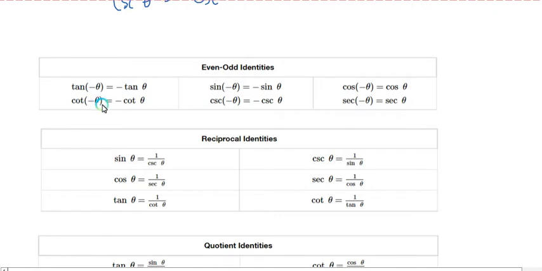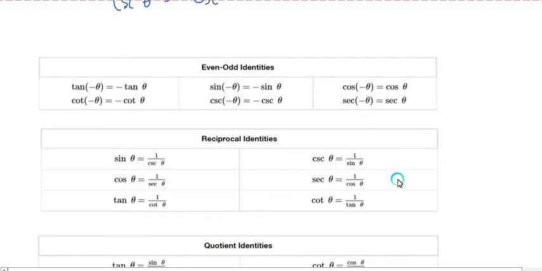Cotangent of a negative angle is negative cotangent theta. Sine of a negative angle is negative sine theta. Cosecant of a negative angle is negative cosecant theta. Cosine of a negative angle is positive. Secant of a negative angle is positive. So the only ones different from the rest are cosine and secant. They are positive, so the answer is just positive.